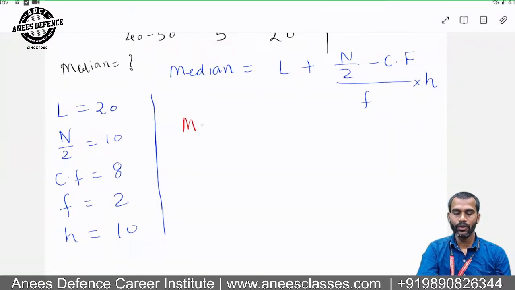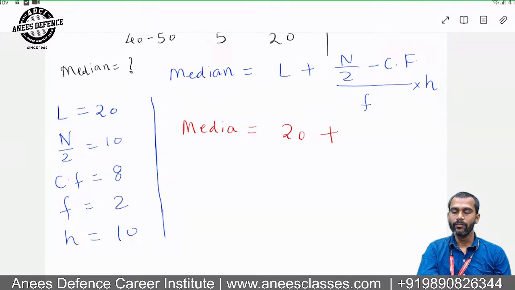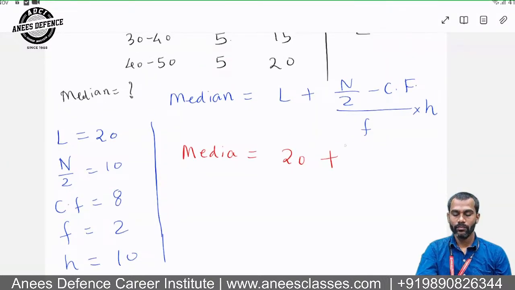Now apply the formula. Just substitute all these values in the formula. Median is equal to, what is L? 20 plus, n by 2 is 10, minus CF is 8, F is 2.